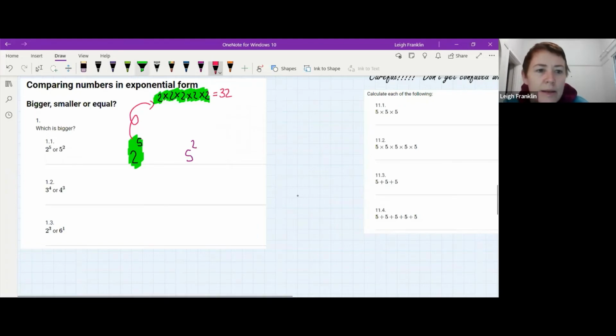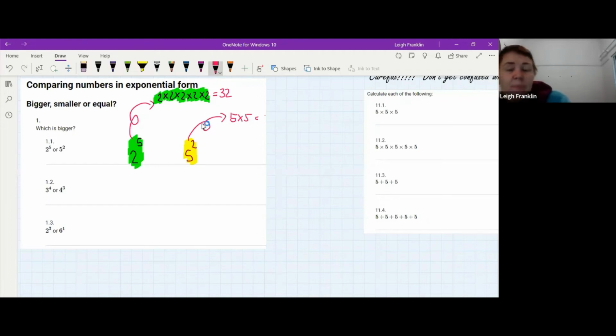Okay. Now let's go and have a look at 5 squared, or 5 to the power of 2. What does that mean? 5 to the power of 2 means 5 times 5, ma'am. 5 times 5. Good. 5 plus 5 is 10, but 5 times 5 is 25.